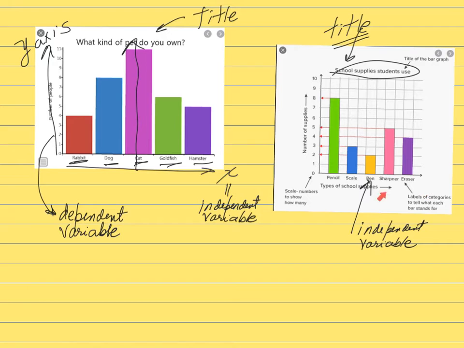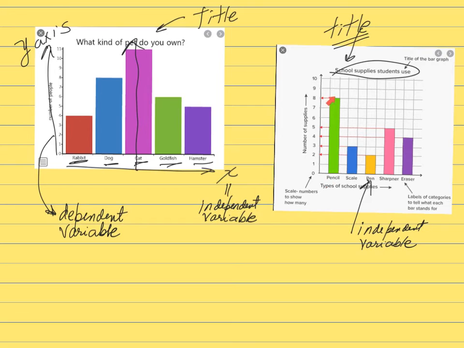And see, if you want to look for, all right, let me see, you have pencil, scale, pen, sharpener. You're analyzing what are the school supplies that students need more, okay? A number of supplies. If you want to know how many supplies were observed in total, you can do the same.